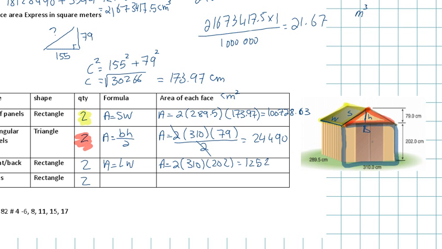And then last but not least, the sides. So you're going to have to do again length times width, and then 2 of them, but it's going to be 289.5 times 202.